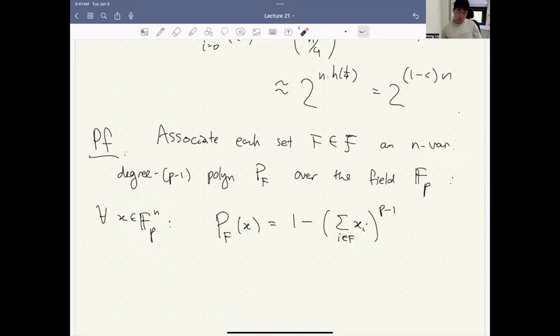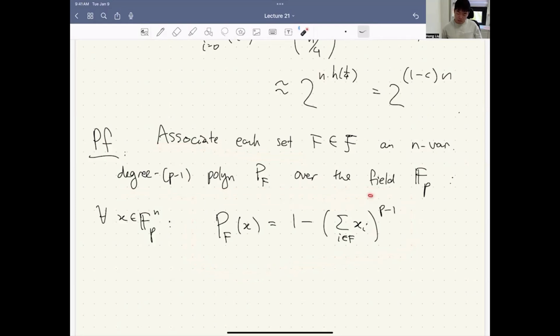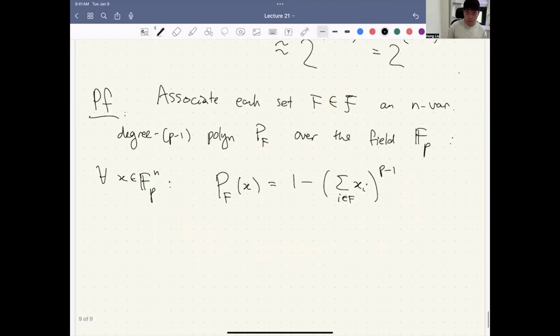First thing we have to prove is, for this choice of map polynomials, this collection over all sets in our family, they are linearly independent. Let's prove that. Claim: the P_F are linearly independent.